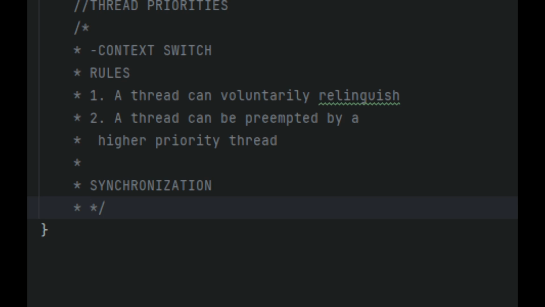That is, you must be able to prevent one thread from writing data while another thread is in the middle of reading the data that they are sharing.